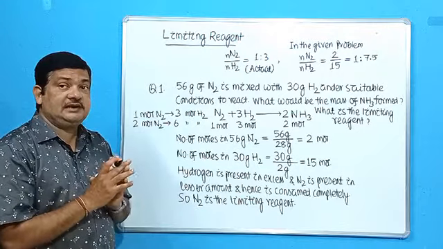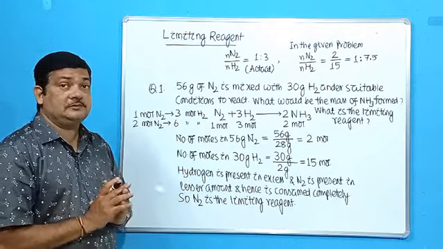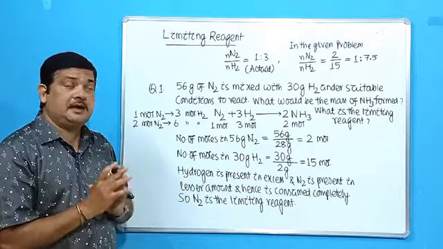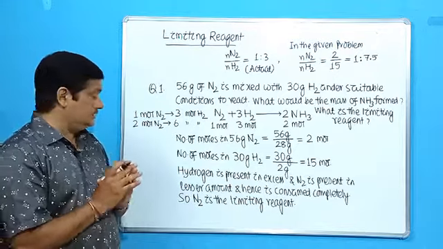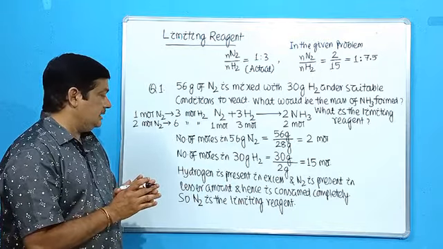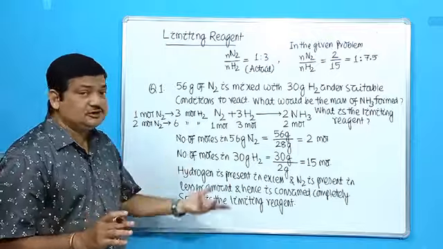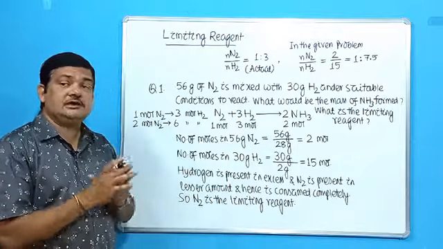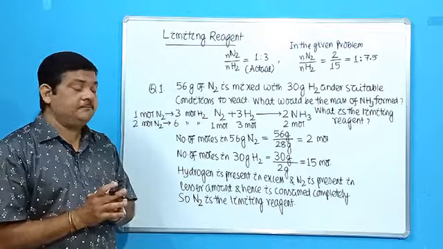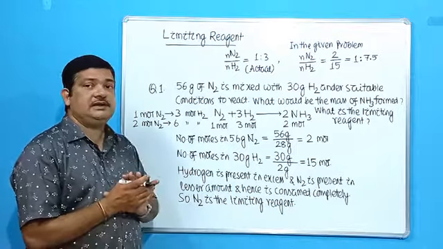As per definition, which is the limiting reagent? The one which is present in lesser amount. So nitrogen is present in the lesser amount and hence is consumed completely. Further the reaction will be ceased or limited. So nitrogen is the limiting reagent.